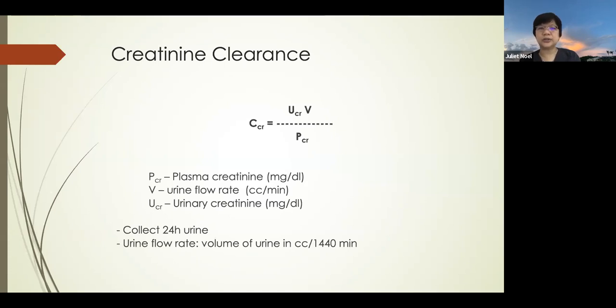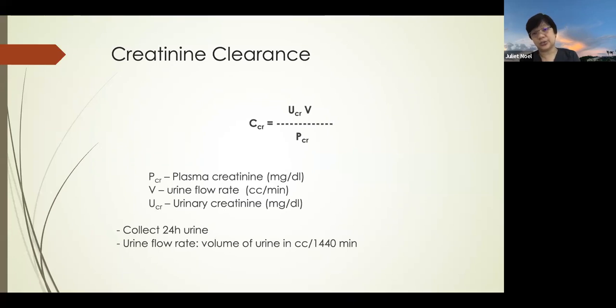If the first urine that was discarded was voided at 7 in the morning, the urine has to be collected until 7 in the morning the following day. So you had better emphasize to the patient that they have to void at 7 a.m. also. If they miss some of the urine, for example they accidentally voided directly into the toilet, then they have to start all over.